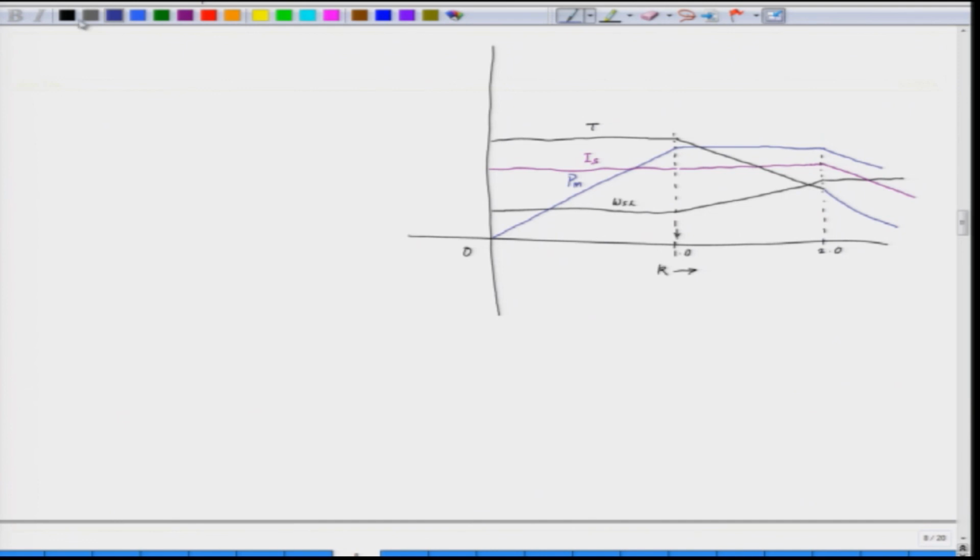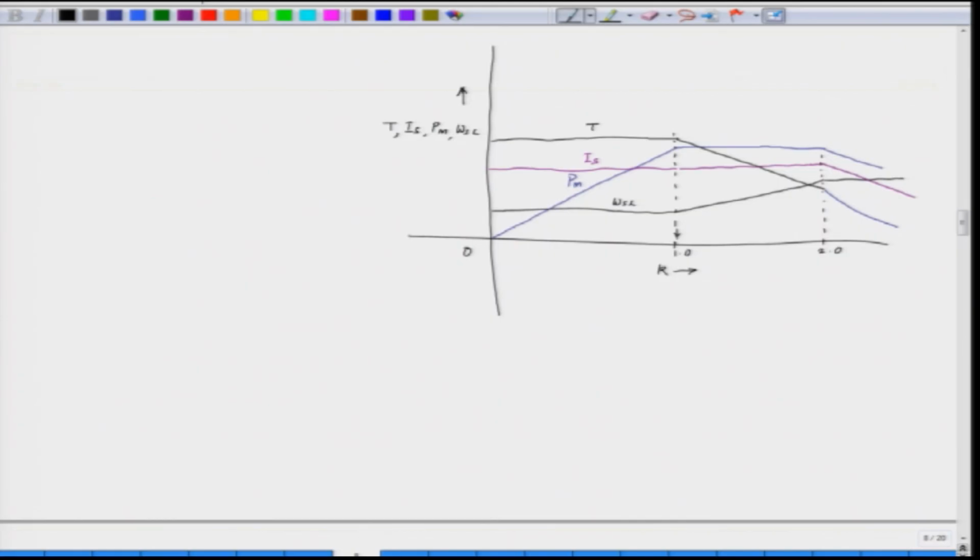So, this is a plot for torque, current, Pm and omega SL, which are on the y axis, against the per unit frequency, that is k. So, this is how the various parameters change with per unit frequency k. So, when we are increasing the frequency, initially we have a constant torque region.